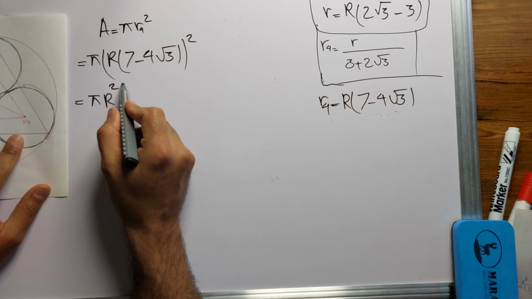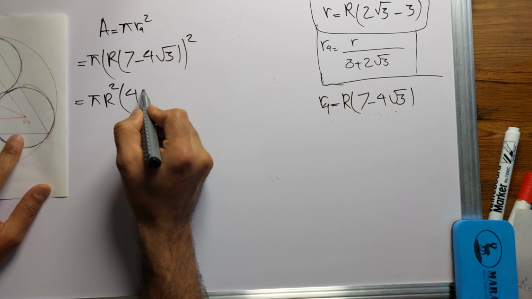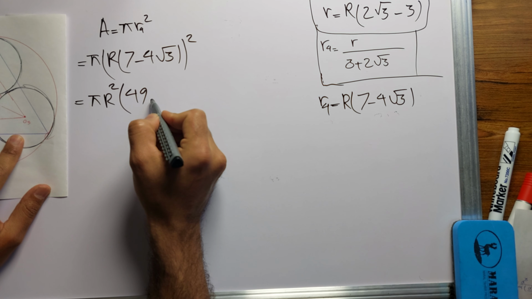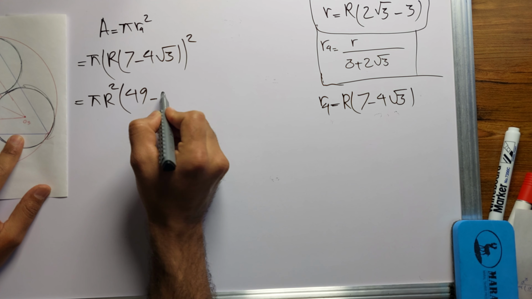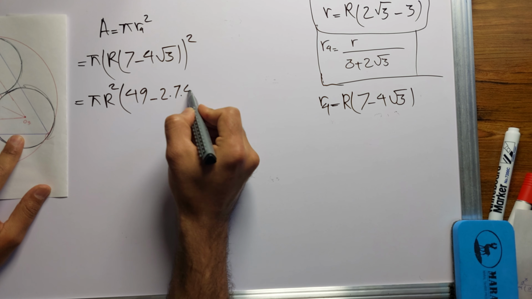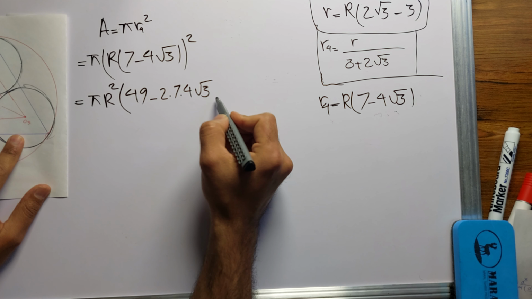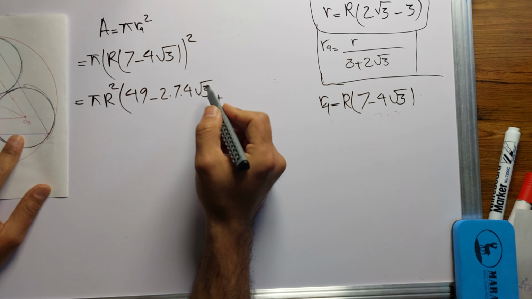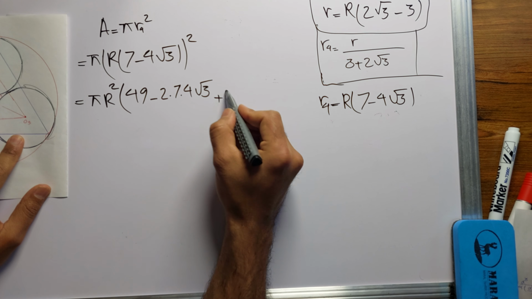So this thing squared is 49 minus 2 times 7 times 4 square root of 3 plus 48.